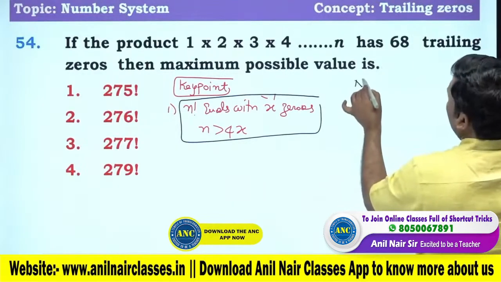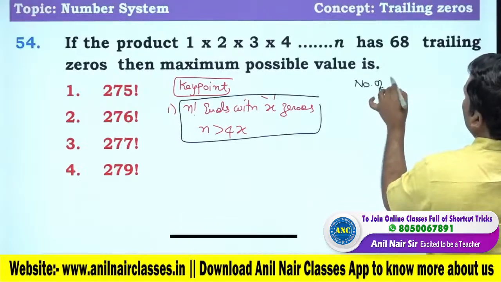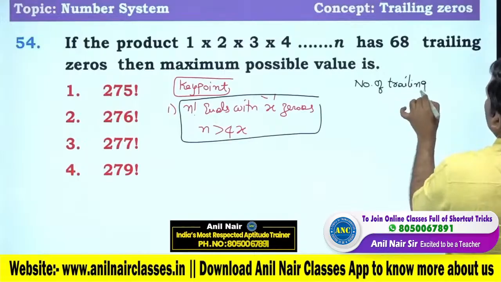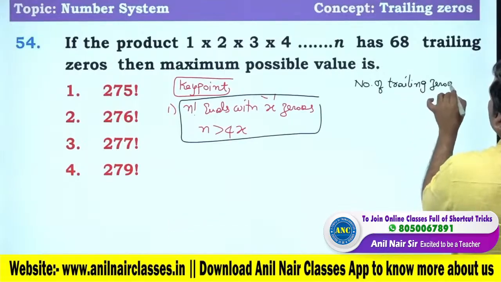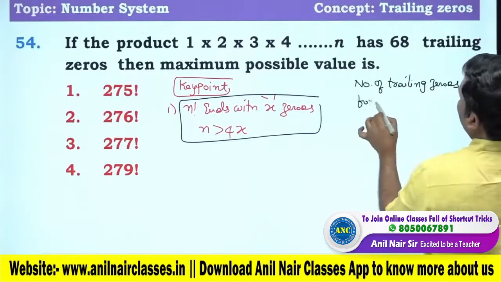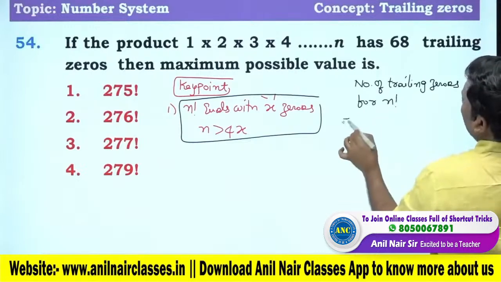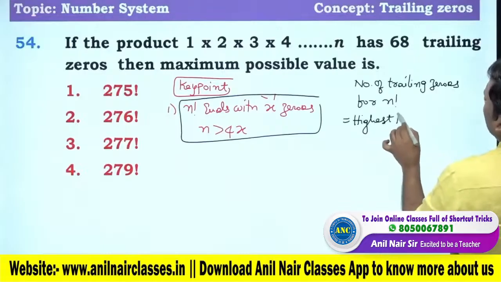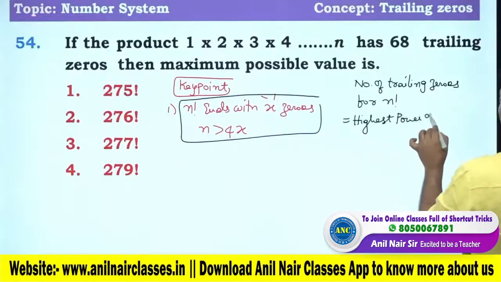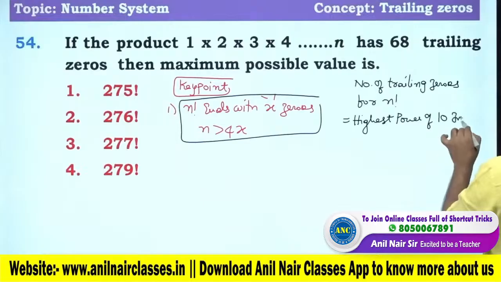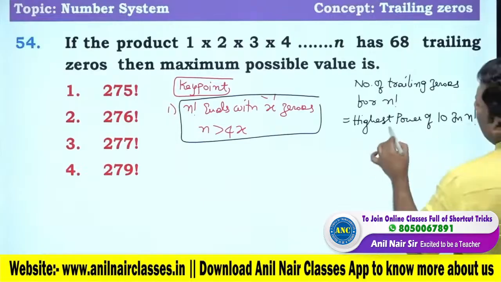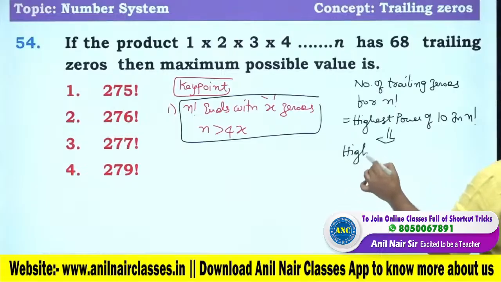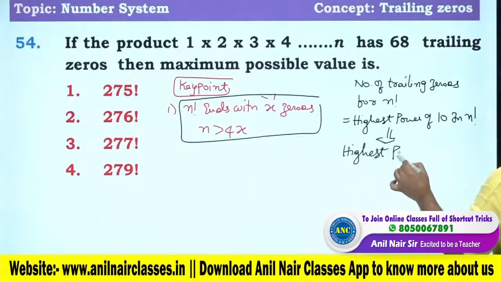Now, number of trailing zeros. Listen carefully, sir. The number of trailing zeros for n factorial is given by the highest power of 10 in n factorial. 10 can be further optimized into the highest power of 5 in n factorial.